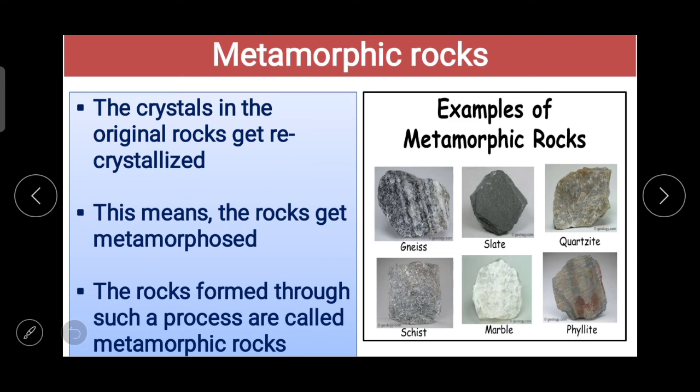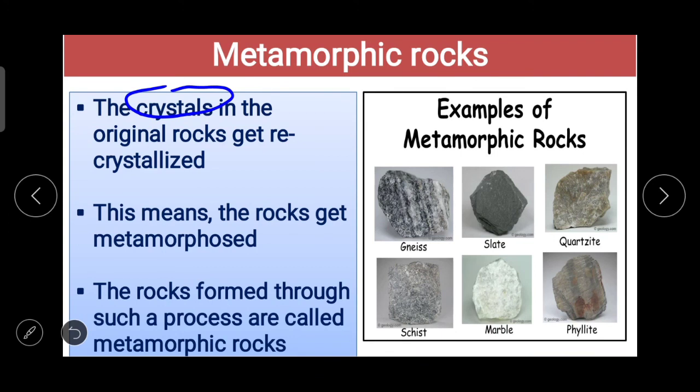Now because of this, it leads to changes in the nature as well as the chemical composition of the original rocks. And then the crystals in the original rocks get recrystallized. This means the rocks get metamorphosed.